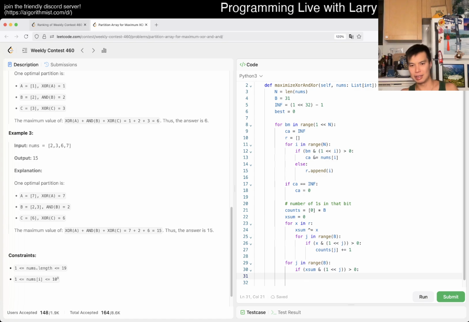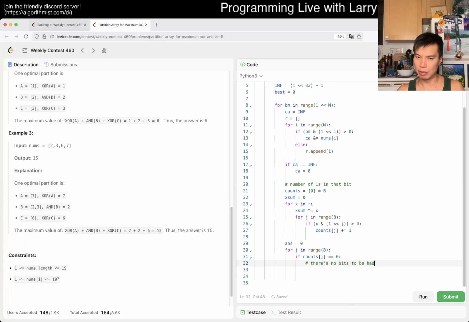I guess actually I'm writing it. It's fine, but maybe this is not even necessary. So if this is 0, then it doesn't matter which way you go, so just pass, I guess.